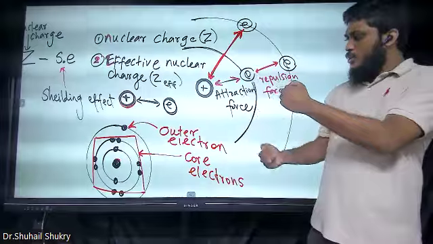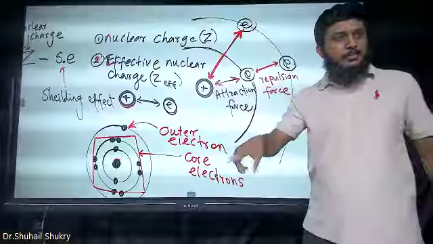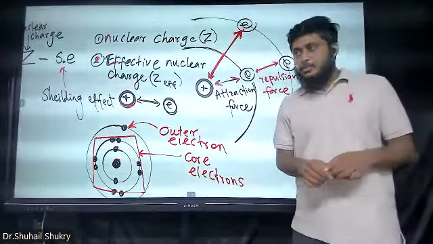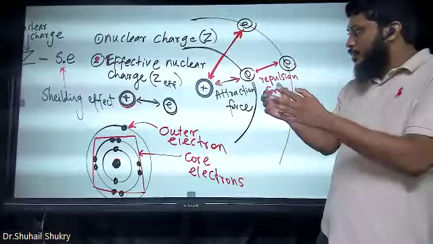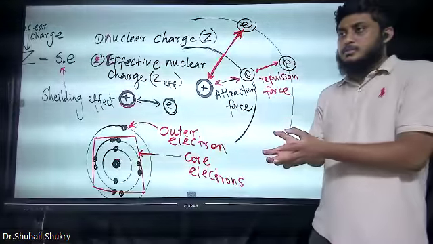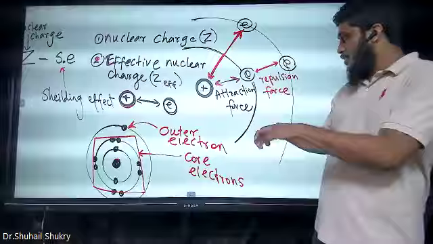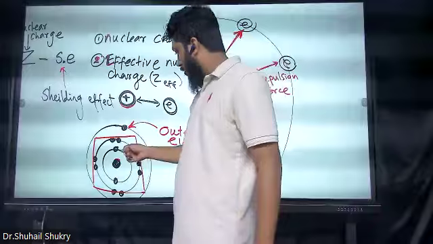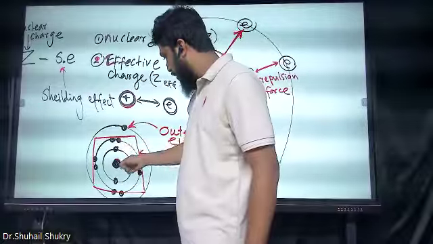When you are going down the group, what happens to the number of shells? The number of shells will increase. When the number of shells increases, what will happen to the shielding effect? It will increase. Shielding effect means these electrons are shielding the connection between this electron and this nucleus.